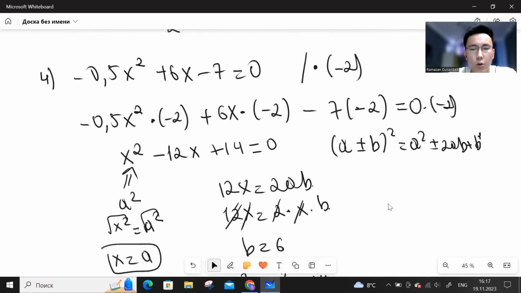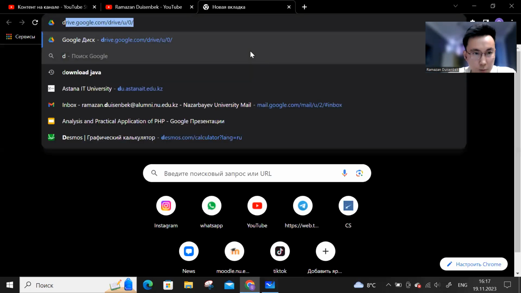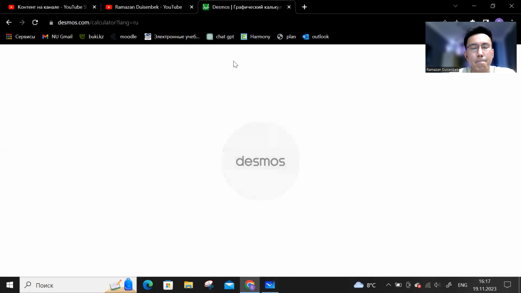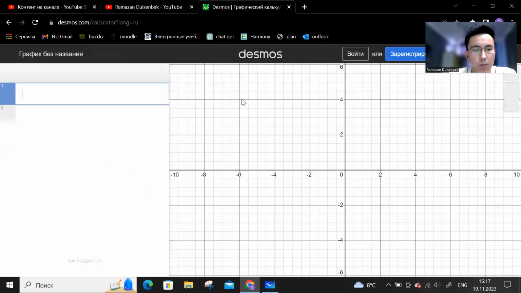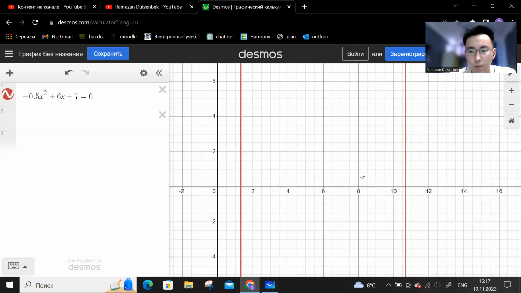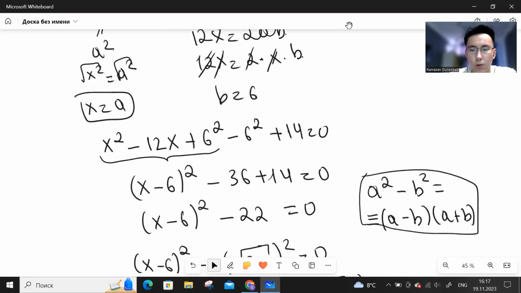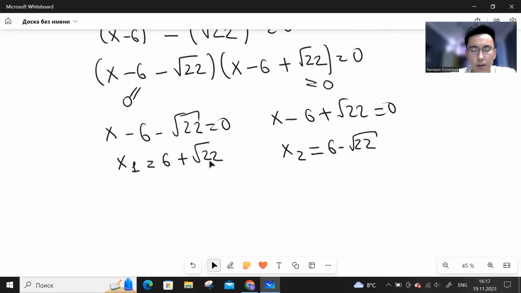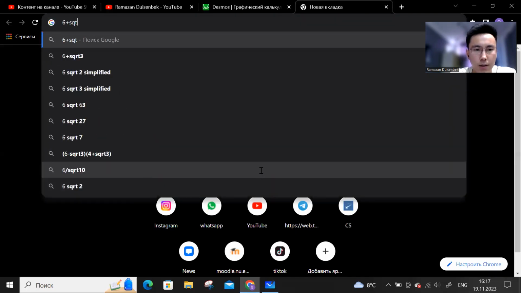So I want to show you one thing. This is minus 0.5 x squared plus 6x minus 7 equals 0. So my first root is what? It is 6 plus square root of 22.